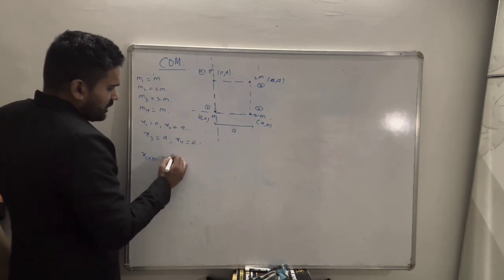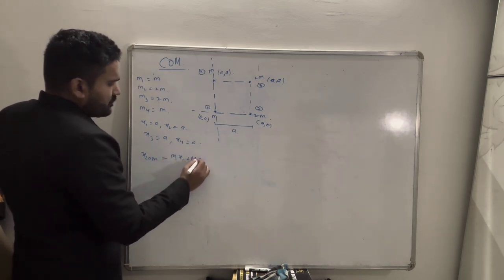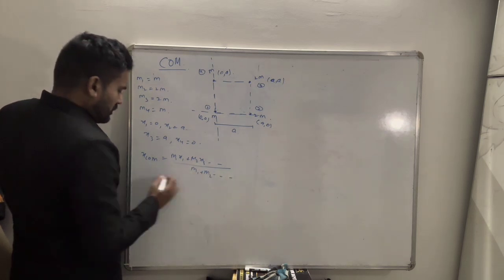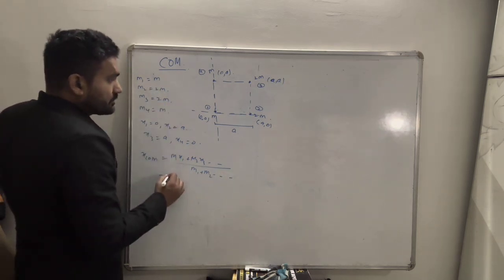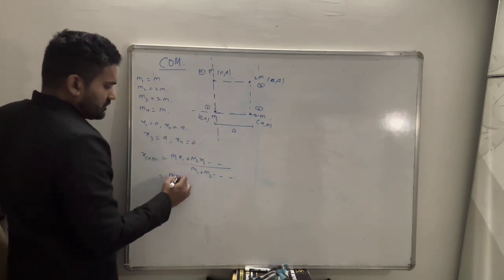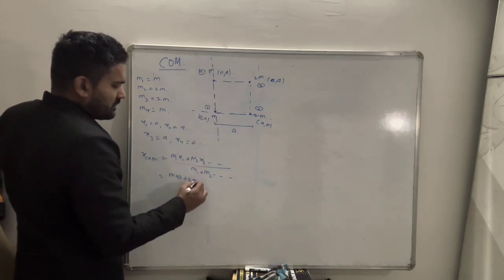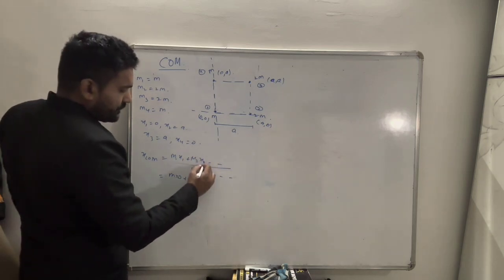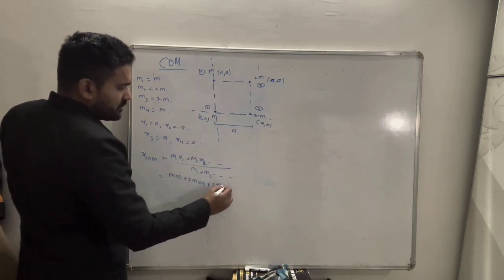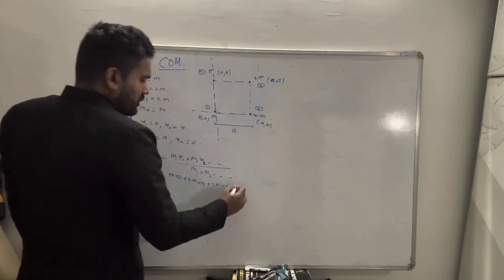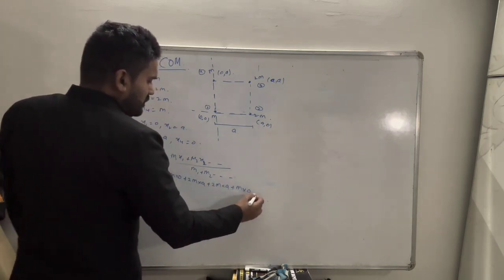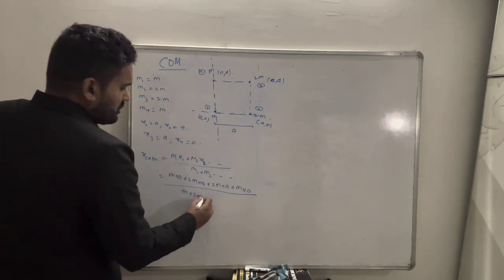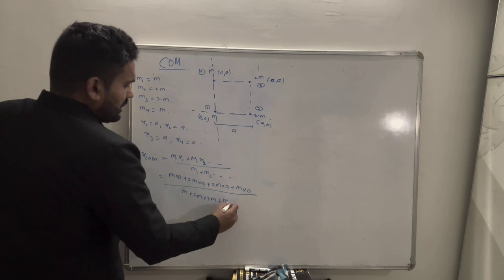Tell me. m1 x1 plus m2 x2 and so on, divided by m1 plus m2 and so on. So m into 0 plus m2 is 2m into a, plus m3 x3, that is 2m into a, plus m4 x4, that is m into 0, divided by total mass. Total mass is m plus 2m plus 2m plus m, right?